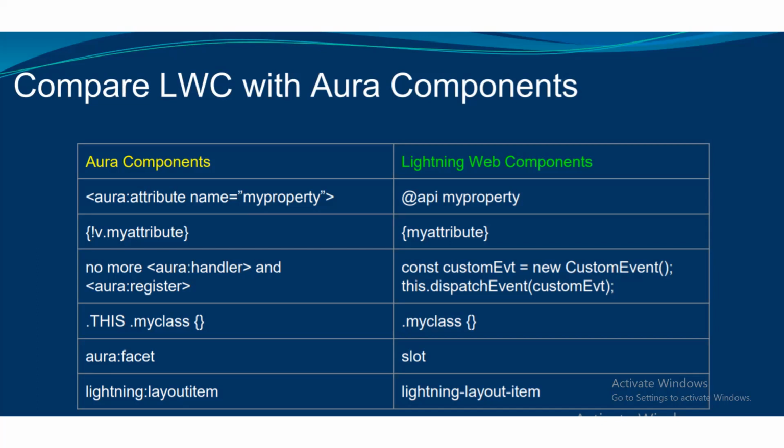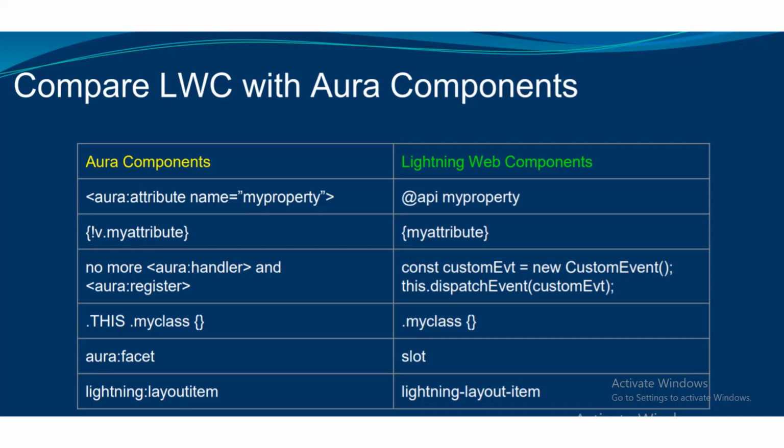However, that is not the case with Lightning Web Components. We don't need to create any extra set of events. We can dispatch the data with the help of custom events.